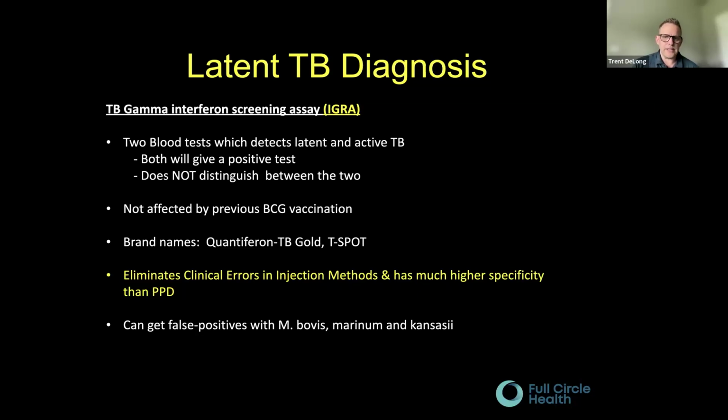The positive of the blood test is that it's not affected by previous BCG vaccinations. Brand names you may have heard are the QuantiFERON TB Gold test, as well as the T-Spot test. The benefit of the blood testing is that it eliminates clinical errors in injection methods, and it has a much higher specificity than PPD.